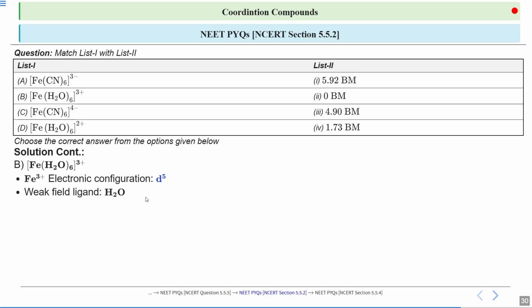Weak field ligand means it will not cause any pairing of electrons. So we get a high spin complex with 5 unpaired electrons. That means mu will be under root 5 times 7, which is 35, under root 35 is 5.92 Bohr magneton. Right? Now this is matching with the first choice in list 2. B is matching with first.